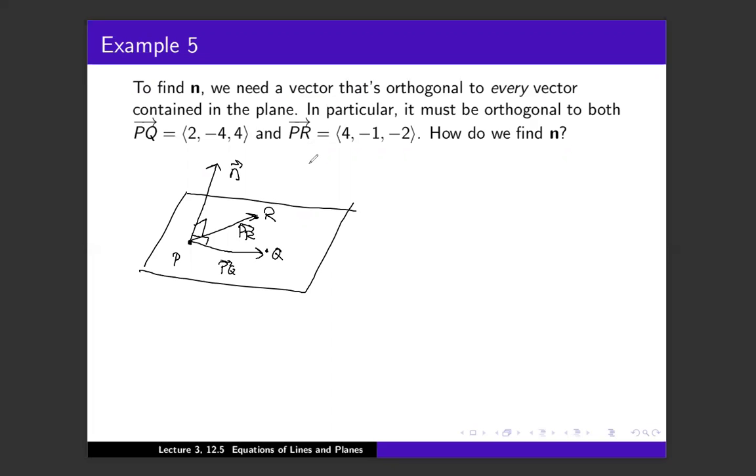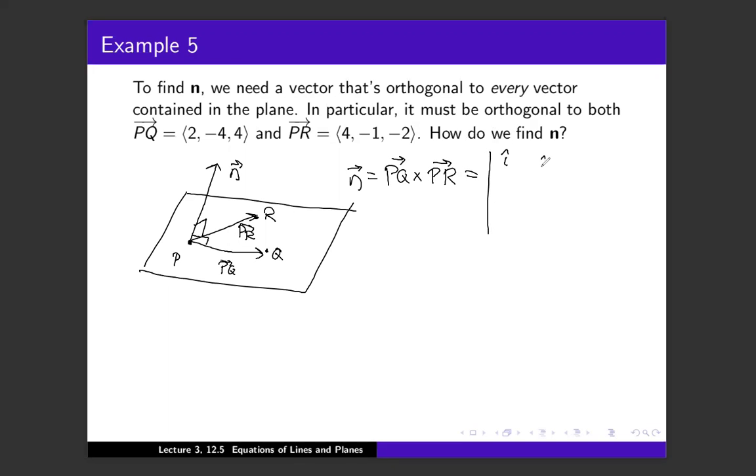Now we can hit it with a cross product, right? Because if n is orthogonal to PQ and PR, the best way to do that is to get the cross product. So n, we can just write that as the cross product of PQ cross PR. This, by the way, is why I wanted to flip those, so that it obeys the right-hand rule.